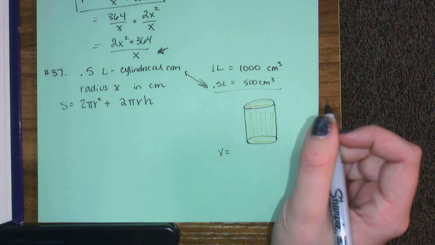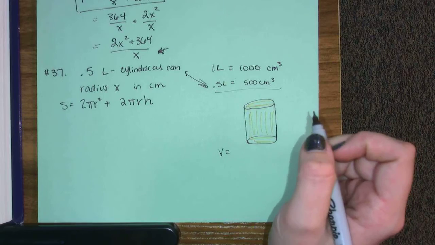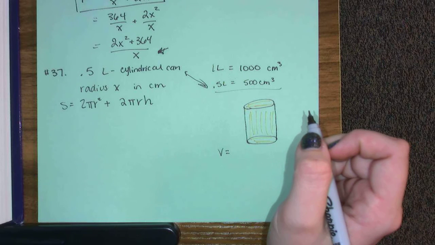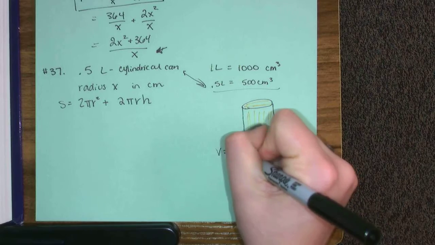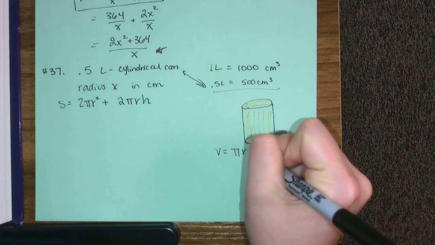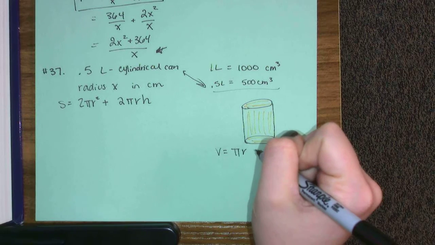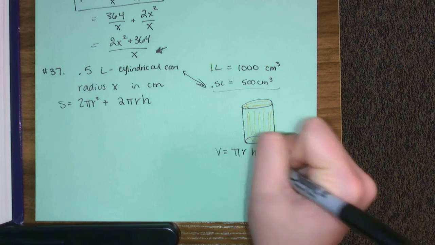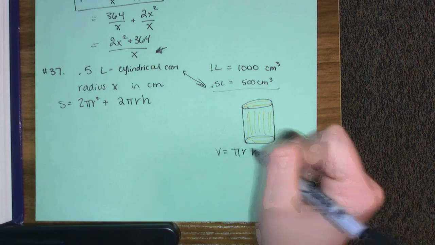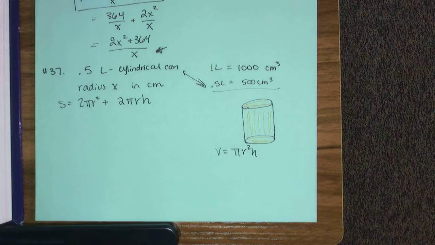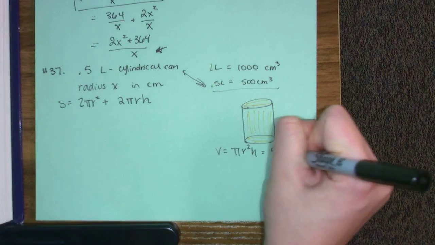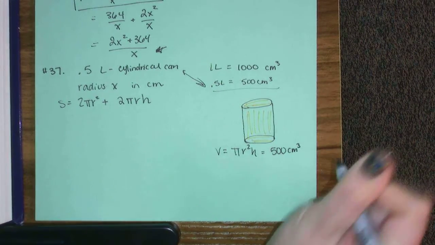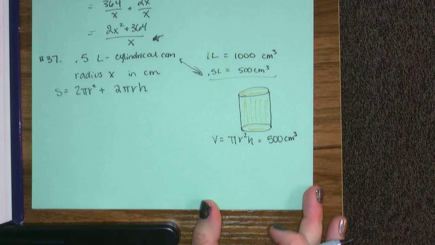Like, what's the formula for it? Okay, I didn't hear you. Okay, and we know that I heard somebody earlier say that this is equal to this 500 centimeters cubed, which is true. Okay, that's the volume.